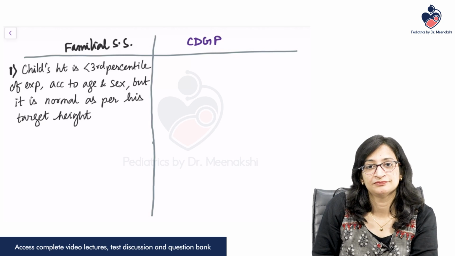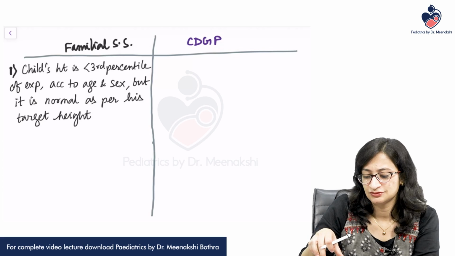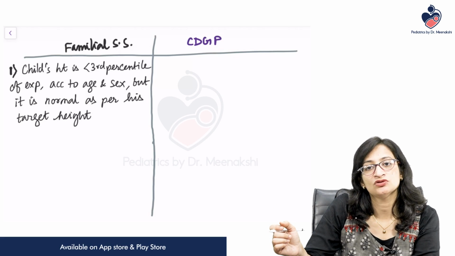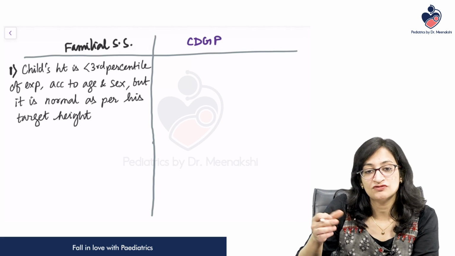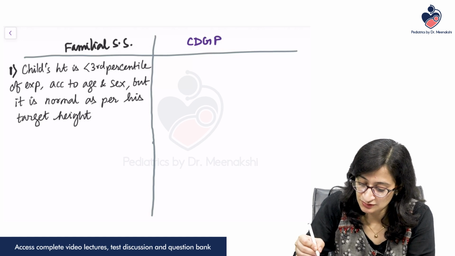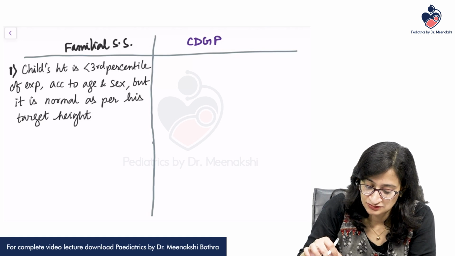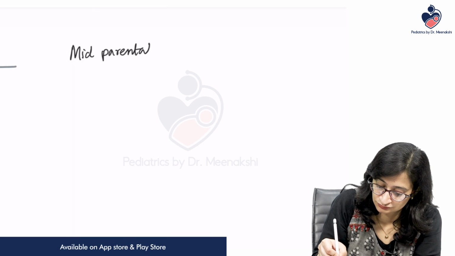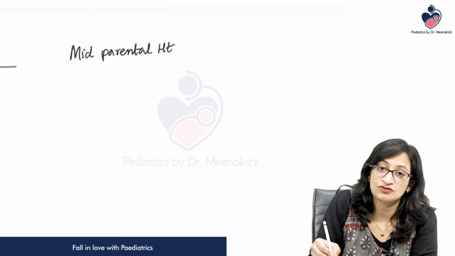Okay. What do you mean by this target height? So, based on the height of the parents, you can calculate something known as mid-parental height. Okay. So, we need to know the formula of mid-parental height. It may be sometimes asked for you in the MCQs. So, what do you mean by mid-parental height? Let us see. It is separate for boys and girls.